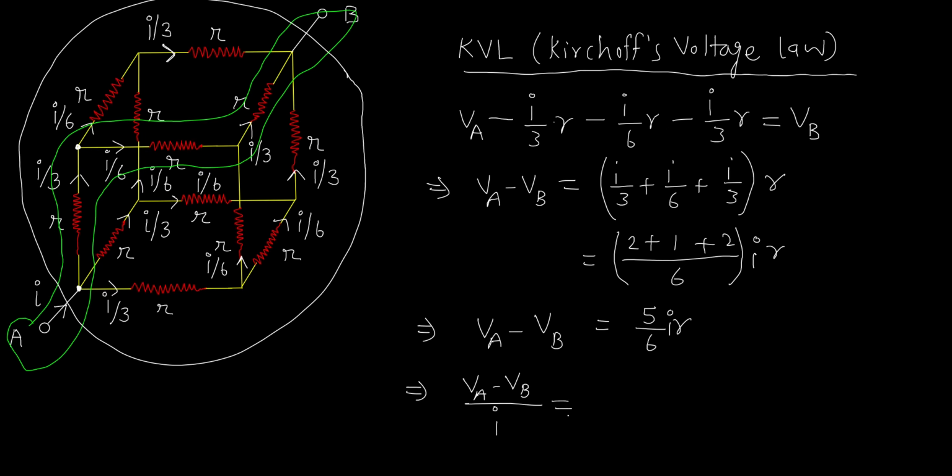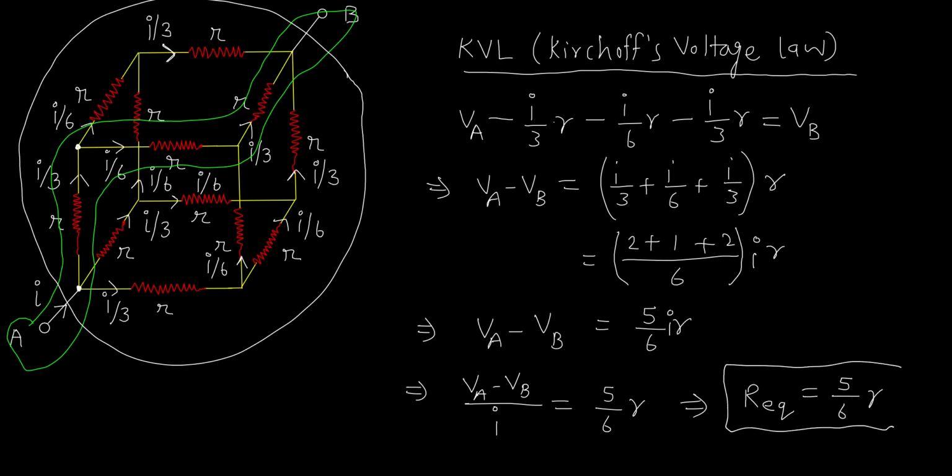From the above step, VA minus VB upon I is equal to 5 by 6 R, and that is the effective resistance between points A and B. So the equivalent resistance is 5 by 6 R, and that is the answer to this problem.